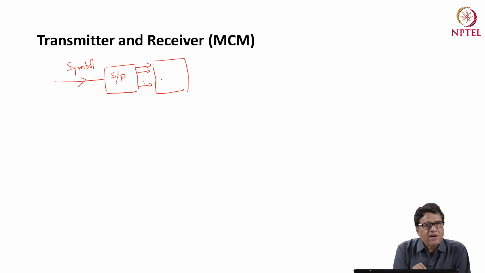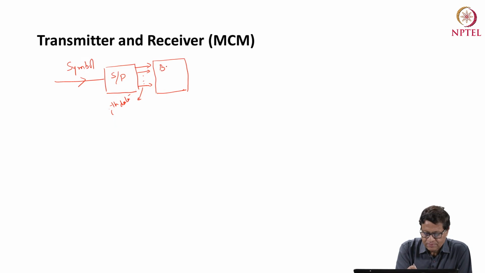And after this you will have a bank of modulators, where whatever data is there on the ith subcarrier, this is the ith data, and then we use a bank of modulators.